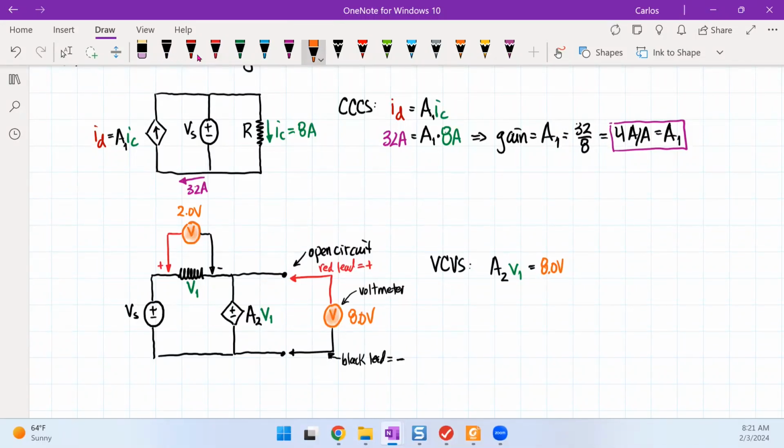But we can see by inspection that the controlling voltage V1 has to be 2 volts. So in other words, this has to be A2 times 2 volts, and this equals 8 volts. This tells us that the gain is going to be 4 volts per volt, and that's our gain.